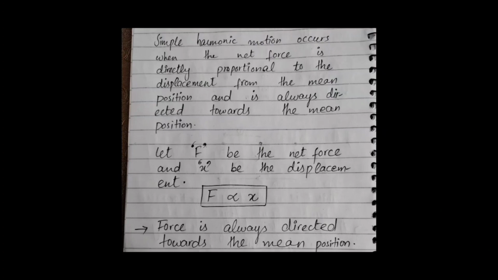We use both direction terms, which are vector quantities. If we use force, which is a vector, and distance, which is a scalar, it will not be adjustable. We have to use both vector quantities. And the second condition is that this force will always be directed towards the mean position or rest position.